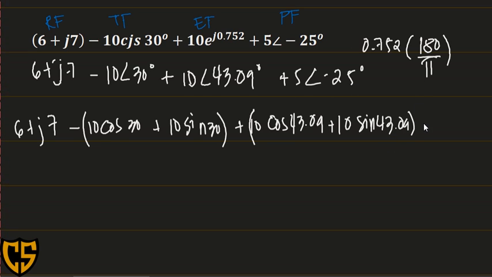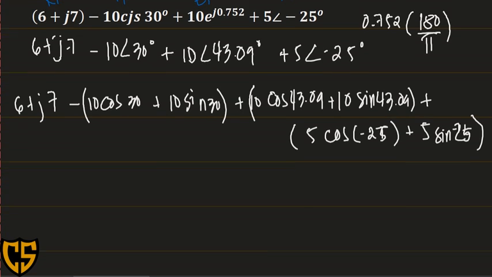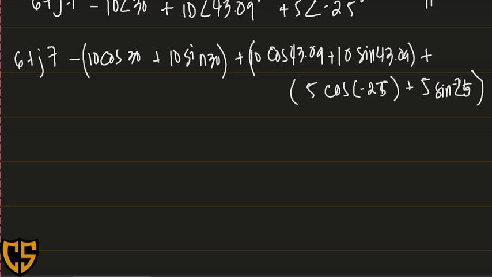Next, the last is plus 5 cosine negative 25 plus 5 sine negative 25. Okay, so we are going to evaluate these operations to get our value for the rectangular form.